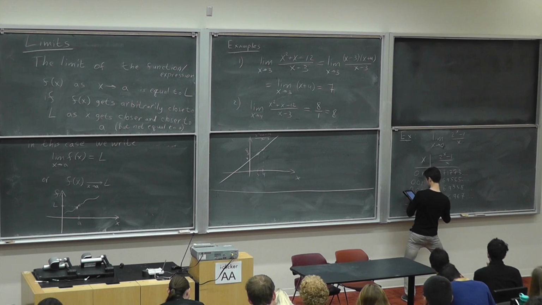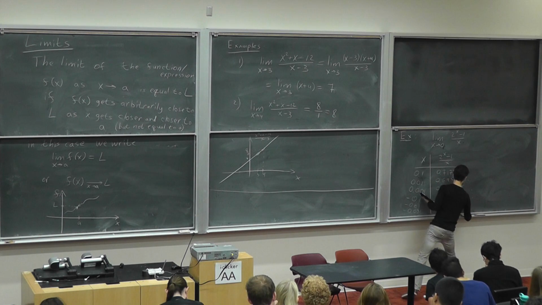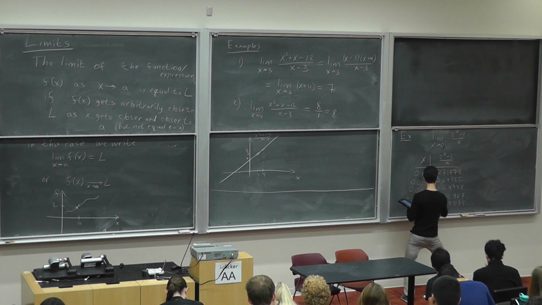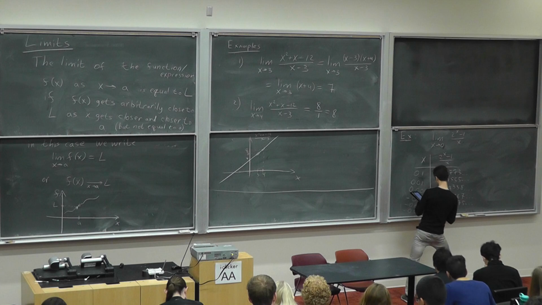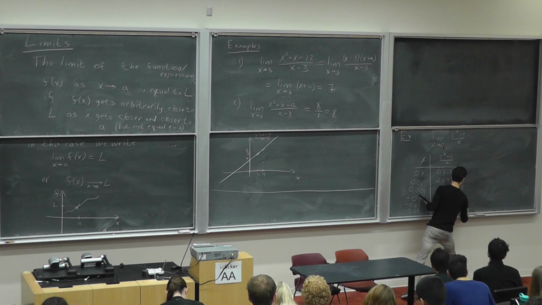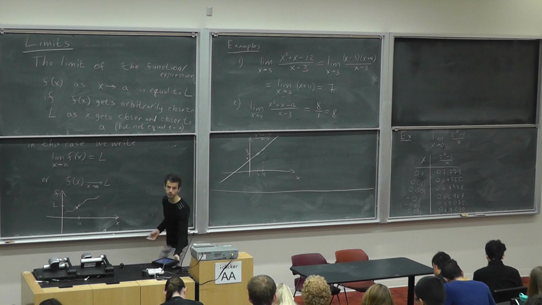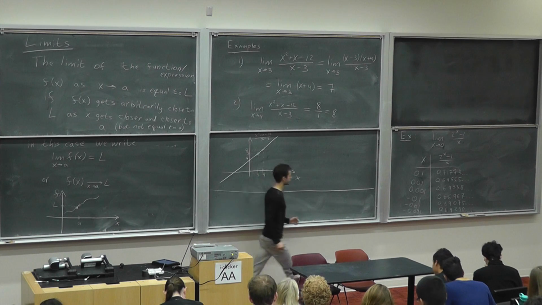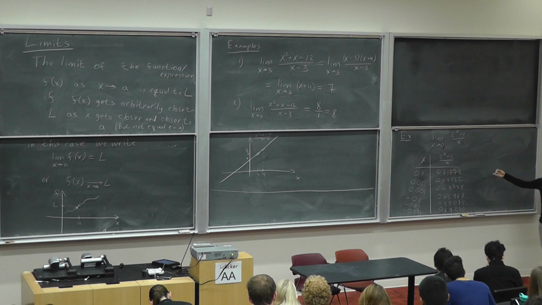Next one, 0.69075. Next one, 0.69290. So I chose to keep 5 digits. It was probably a little bit too much for this example.